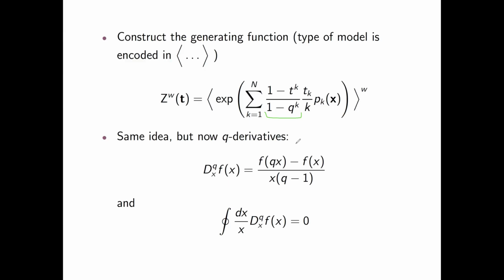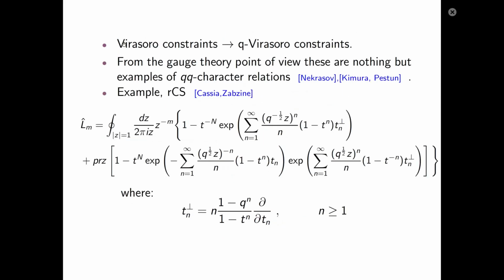And now everything is in principle the same, but since we are dealing with these q-deformed things, we need to use q-derivatives. So here they are. And so q-derivatives have all the needed properties, and this allows us to derive the analog of Virasoro constraints, but now they're going to be q-Virasoro constraints.